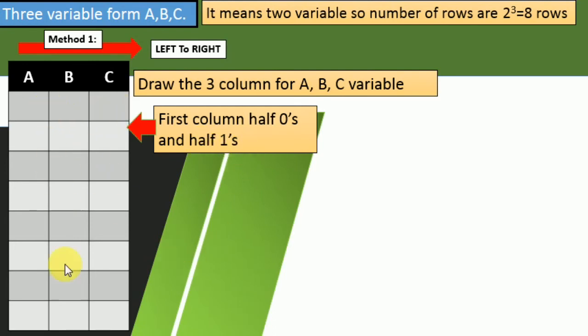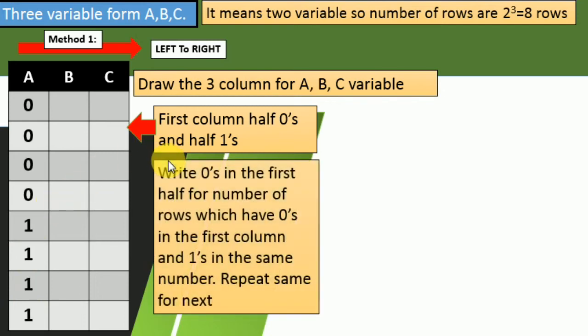If there are 8 rows, half is 4 and 4. So the first half is 4 zeros and the second half is 4 ones. Now next, we have these 4 zeros. What is half of it? 1 2, 1 2. So for the first two, 0 0, and for the second two, 1 1.